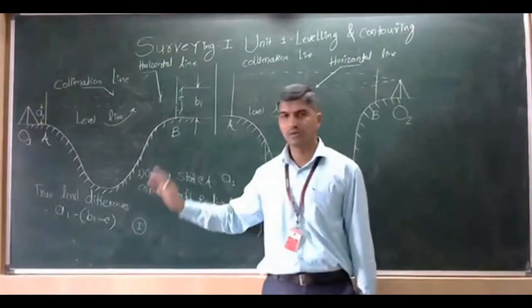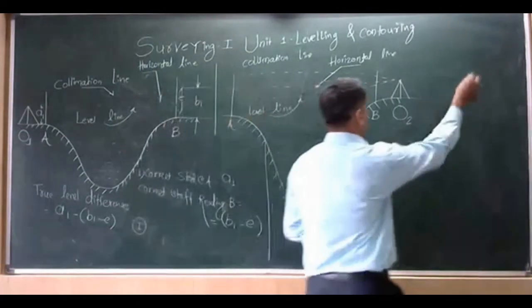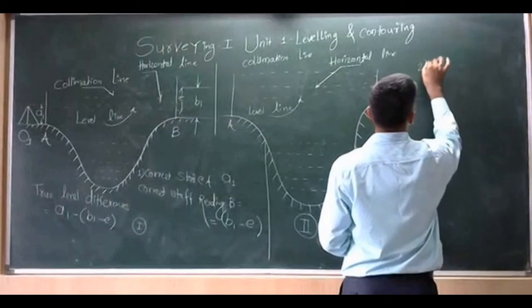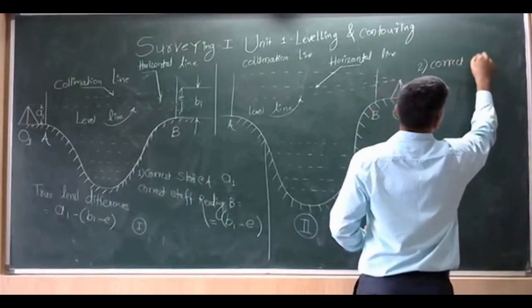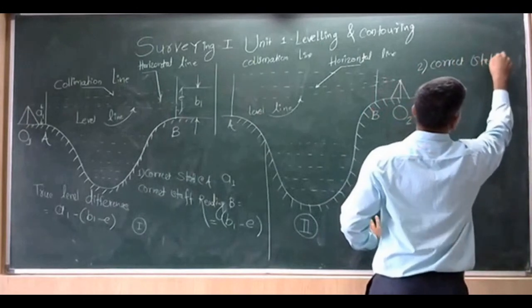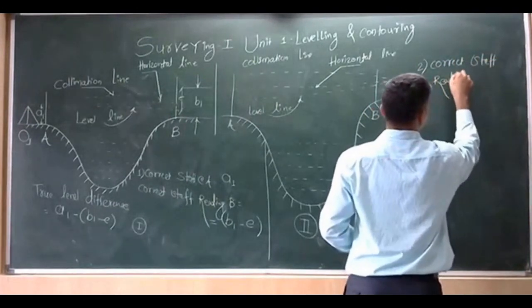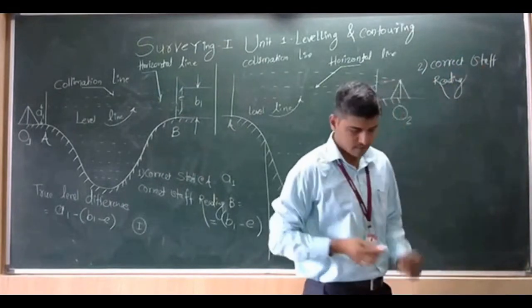Now we have completed the first case. For the second case, on the same line, I will take step number 2: correct staff reading. I will take the same step.